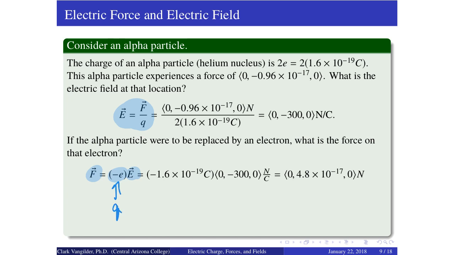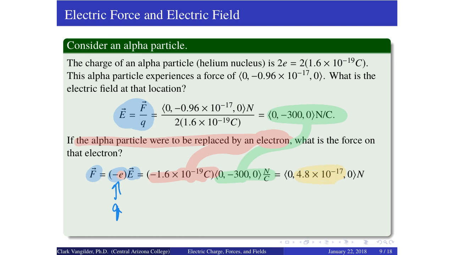In this case, the alpha particle is replaced by an electron. So I take this electric field that comes down here, the electron charge comes into that, and we come up with this.